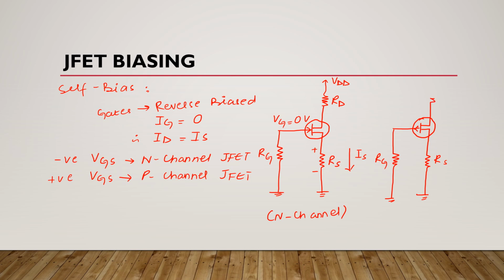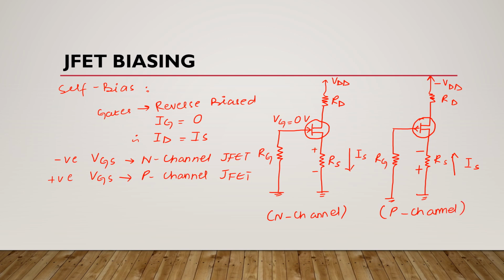Here we have drain resistor RD and this is VDD. Now in this case polarities are different. It means now this terminal is negative, this is positive, and here this VDD is negative, and now source current flows in this direction. So this is the self-bias arrangement of a P-channel JFET.